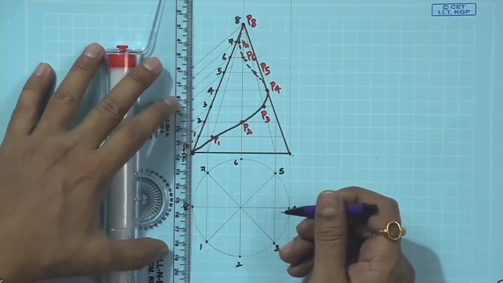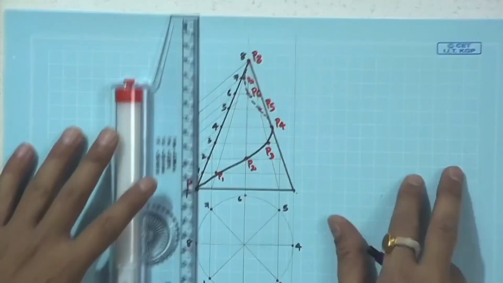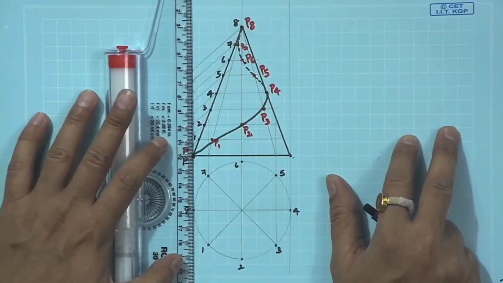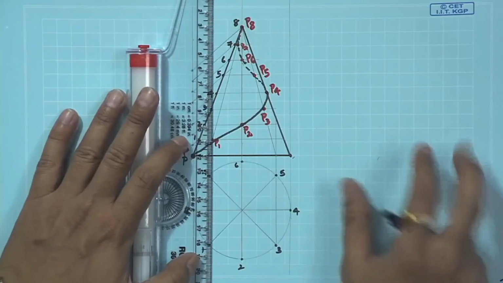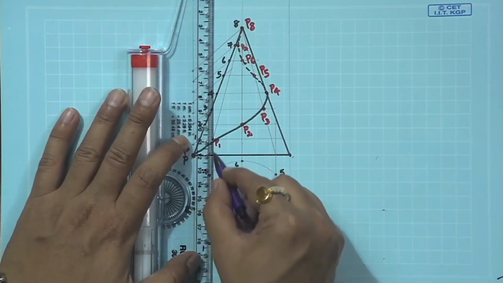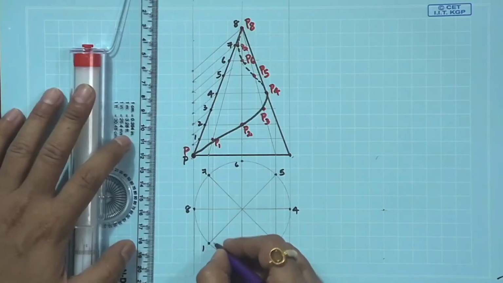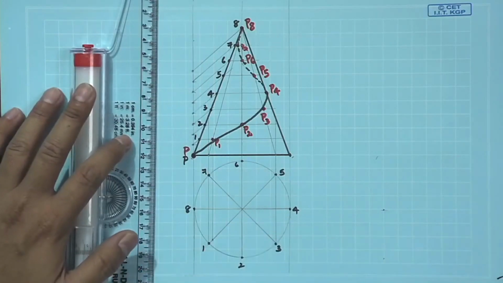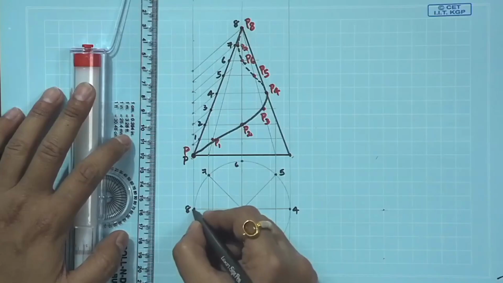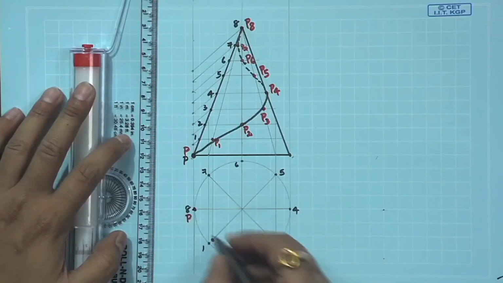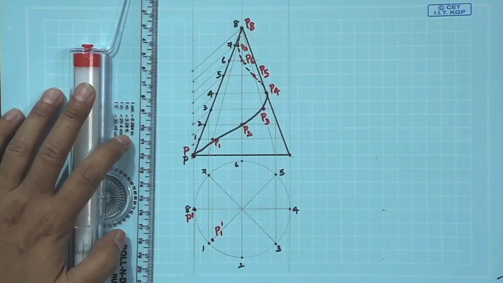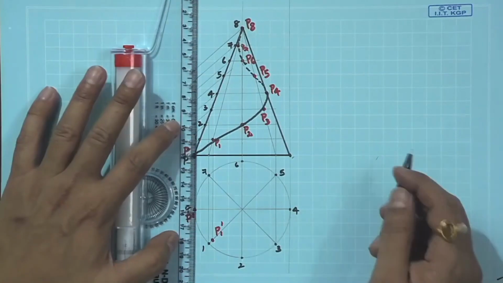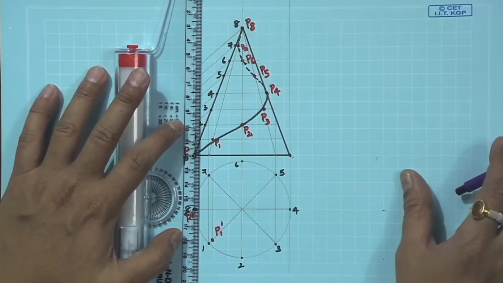Let us move parallel to this plane. Intersect P1 all the way to the first generatrix, located by a red line. The first point is P again, this one is P1. Let us use primes for this, P1 prime. The second one goes via the generatrix.